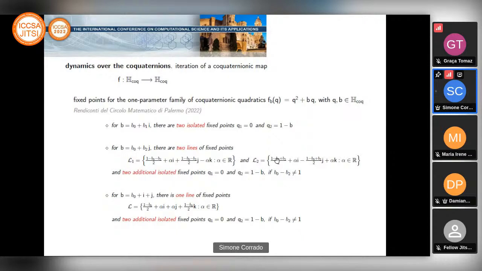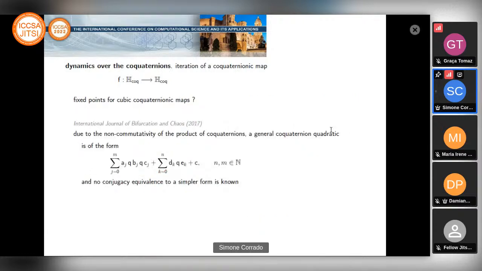Next, I'm going to ask the following question. Why study fixed points for cubic quaternionic maps?